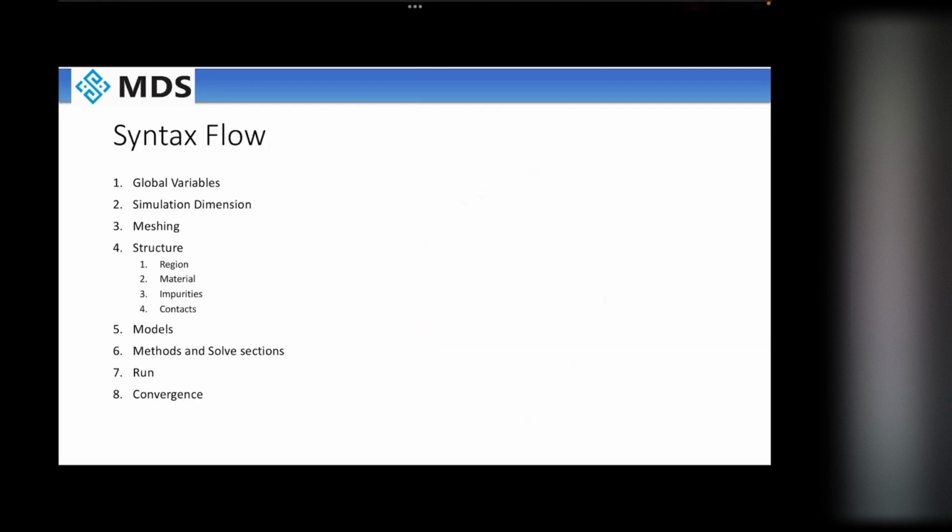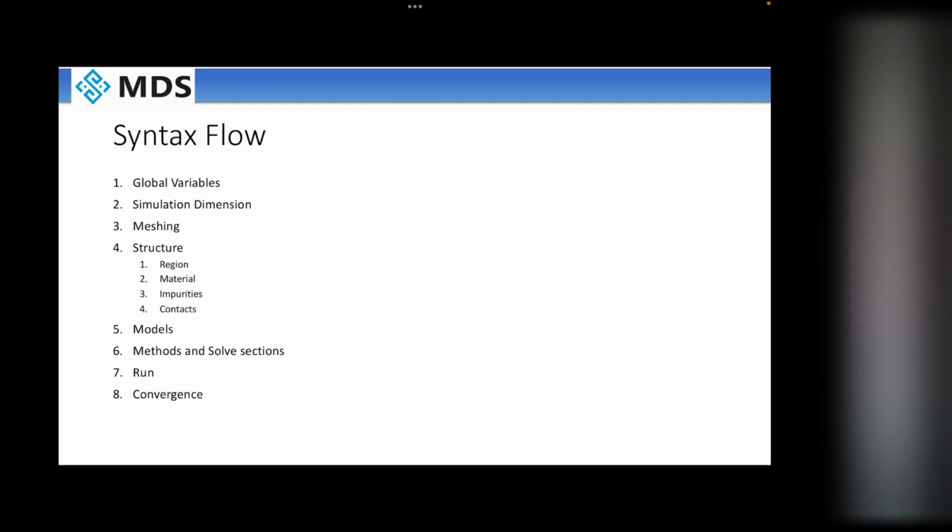Okay. Now coming to the syntax flow. The syntax flow is very systematic. It starts with defining the global variables. Then you need to specify the simulation dimension. After that, you need to specify meshing.